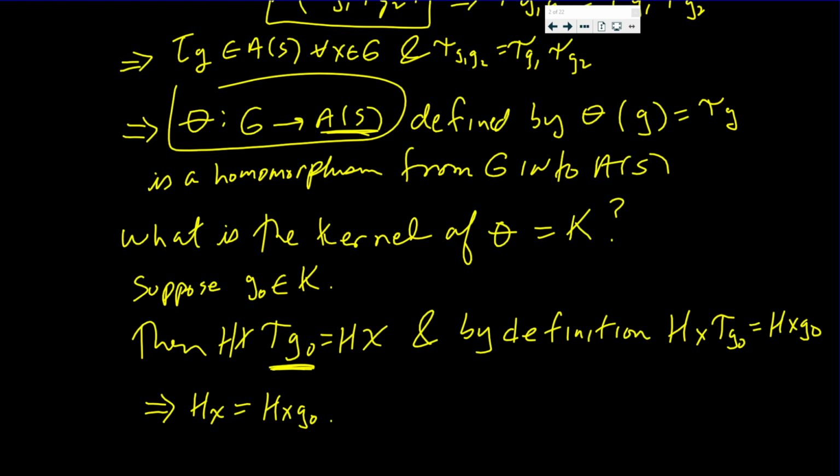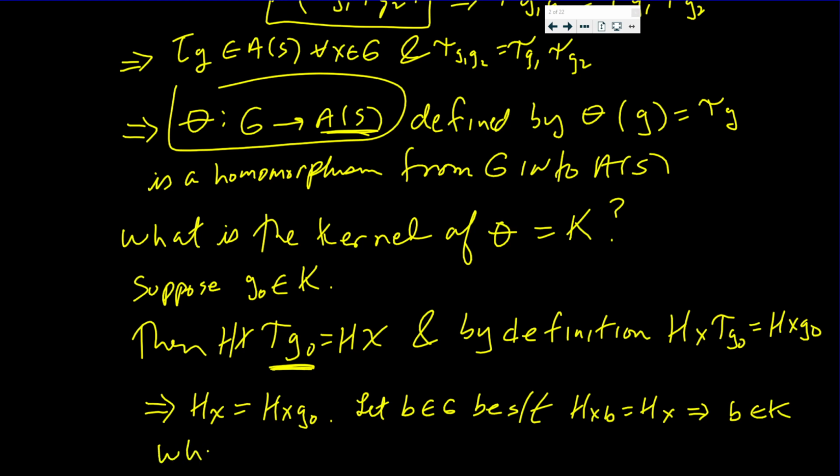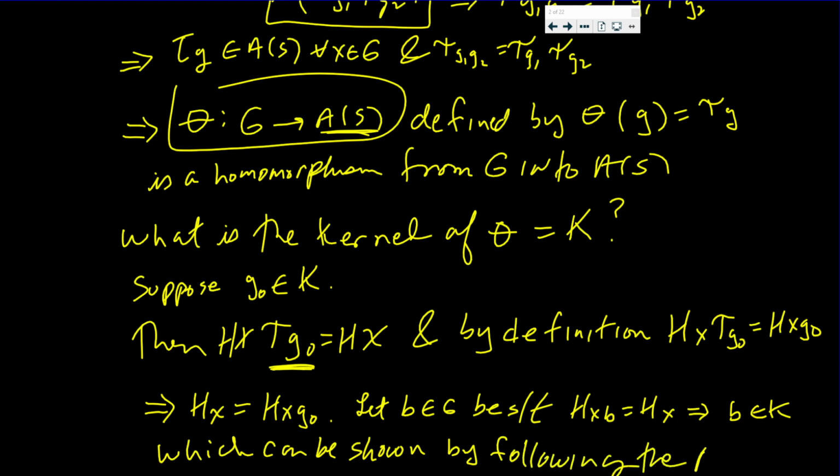I'm not going to do this, but if you let B in G be such that HB, no, HX, I'll say B here, is equal to HB, HX, that implies B is in the kernel, which can be shown by following the process above.